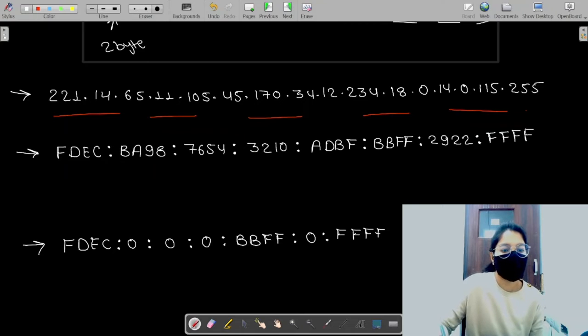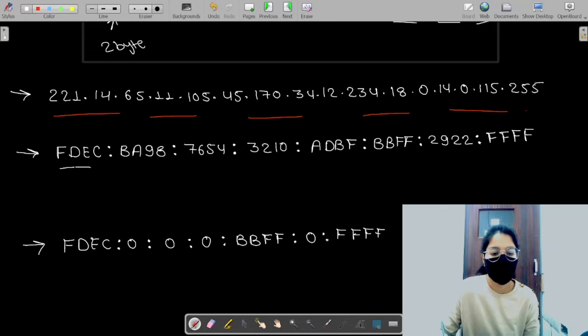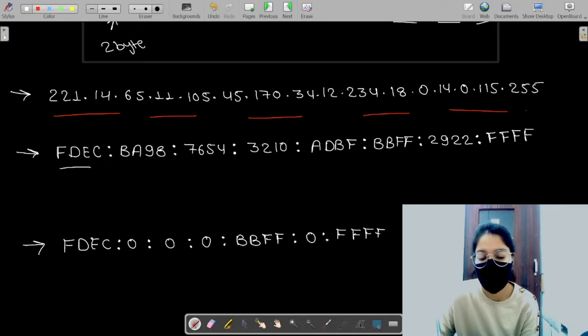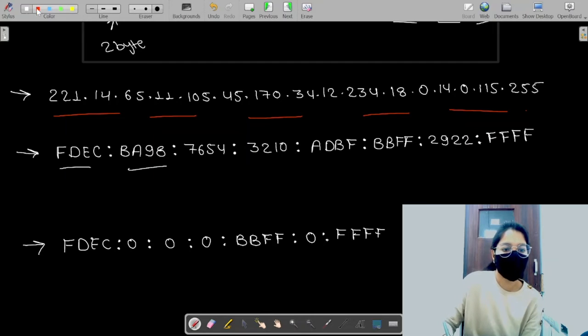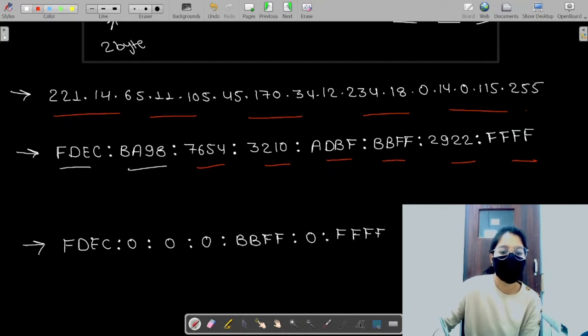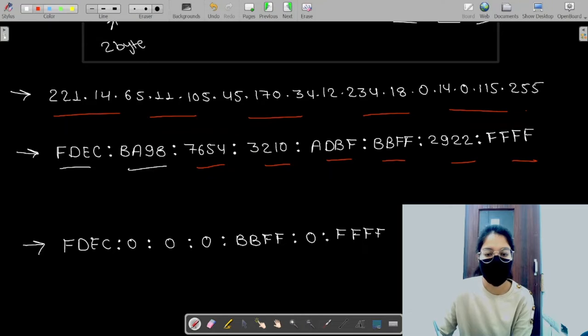Here we divided it into 8 sections. Why are we using colon hexadecimal? For making our address more readable. This is the first section, second, third, fourth, fifth, sixth, seventh, eighth. Each section is 2 bytes long and has 4 hexadecimal digits. So this is the colon hexadecimal notation.